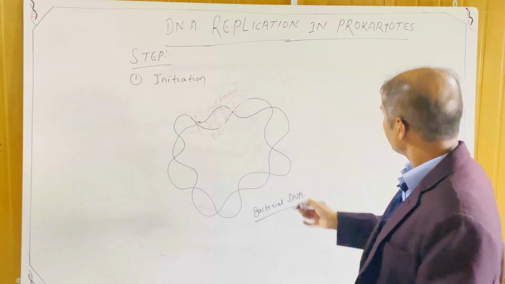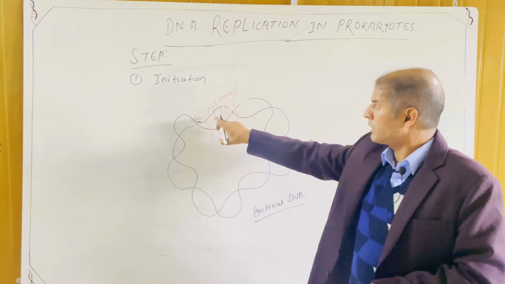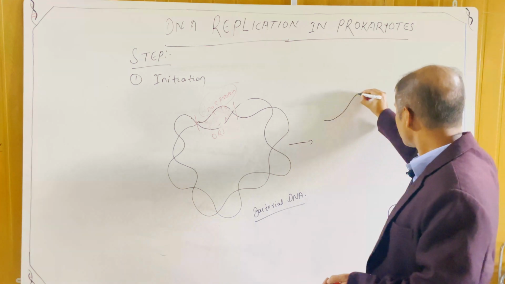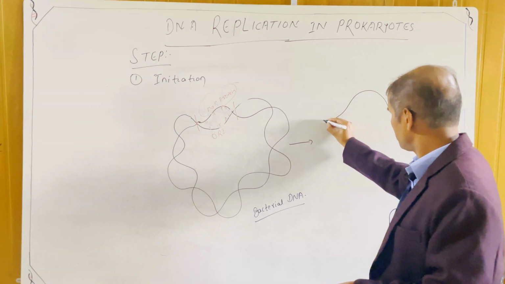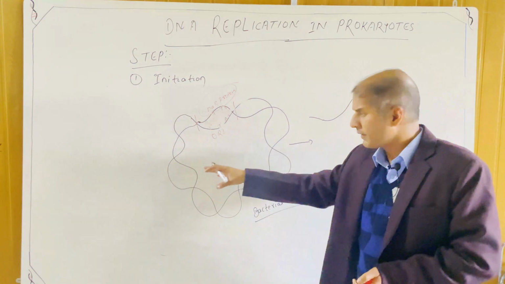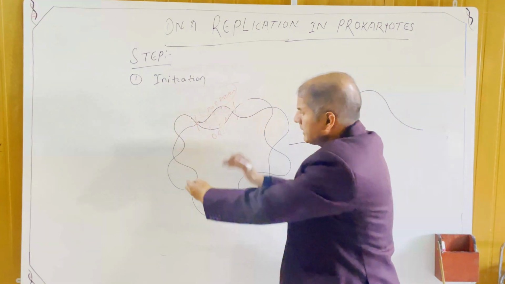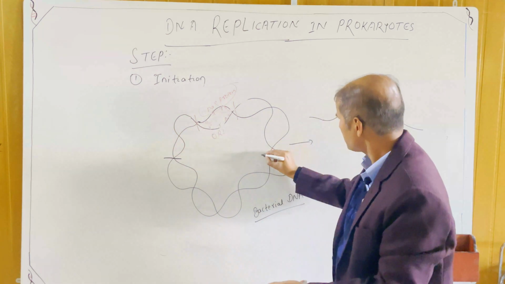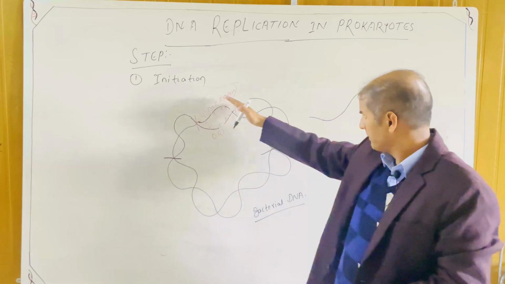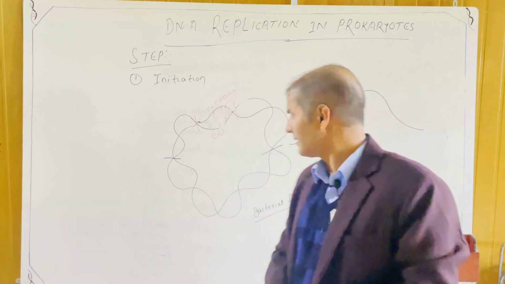So we can see here, after the breakdown of hydrogen bonds, this part slightly expands, and this expanded structure will be like this. We are not going to draw the whole structure in the further figures; we will just draw a segment of this figure, and by the help of this segment we can explain the process of DNA replication.